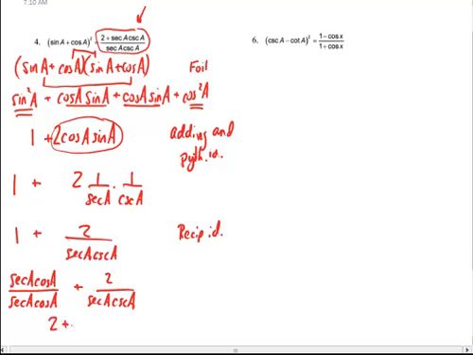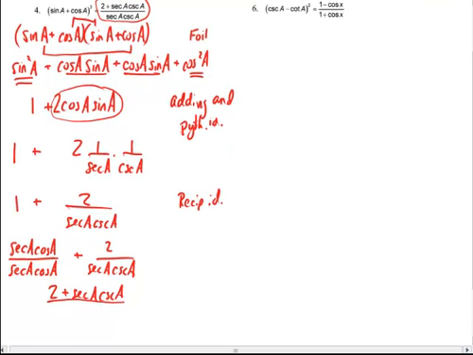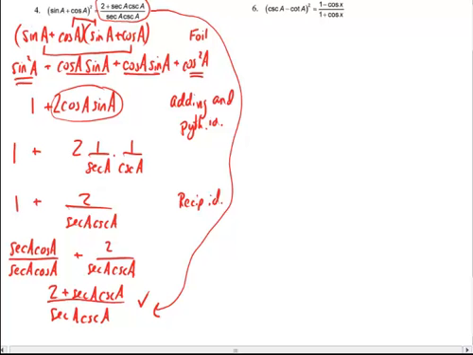I've got 2 plus secant of A cosecant of A over secant of A cosecant of A. And if you look at what I had up above to start, I match. So that would be the proof for number 4.